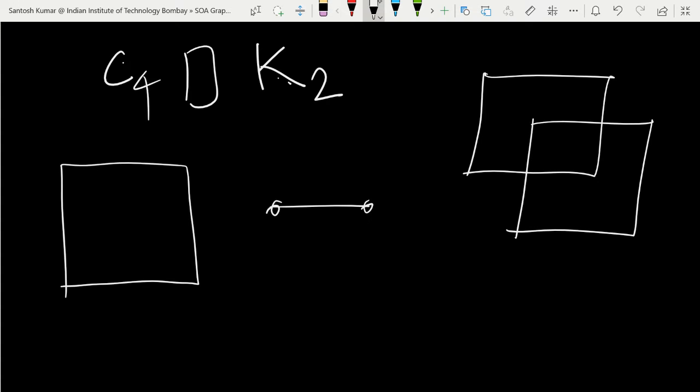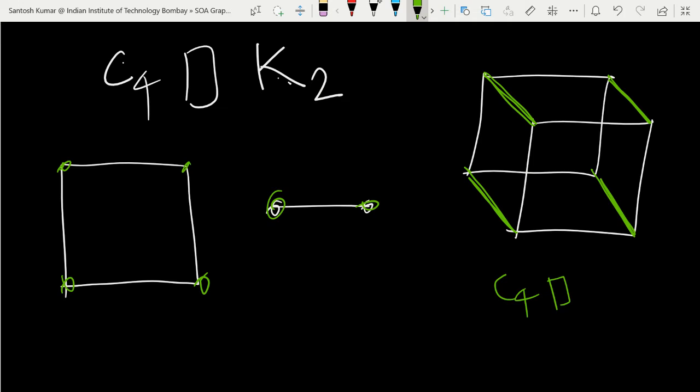There are 2 vertices in K2, so I will use C4 twice, and there are 4 vertices in C4, so we'll use K2 four times. So this is first K2, second K2, third K2, and fourth K2. So this one is your C4 Cartesian product with K2. Okay. Now tell me the chromatic number here.